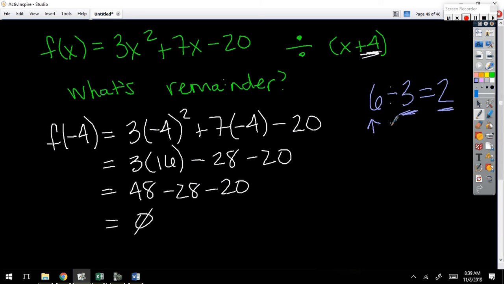They're factors. If you divide by something and you get 0 remainder, then you have found a factor.